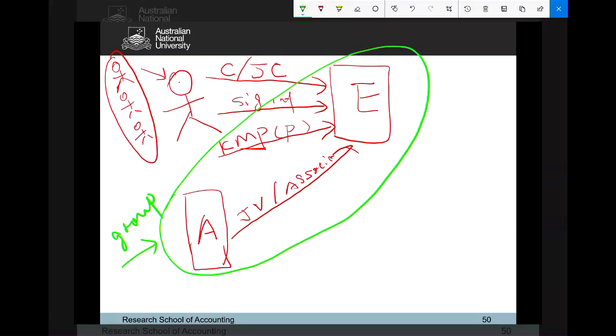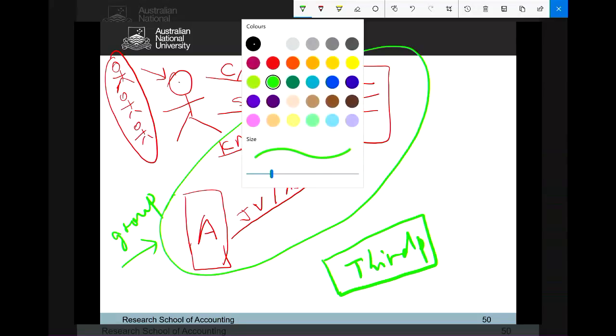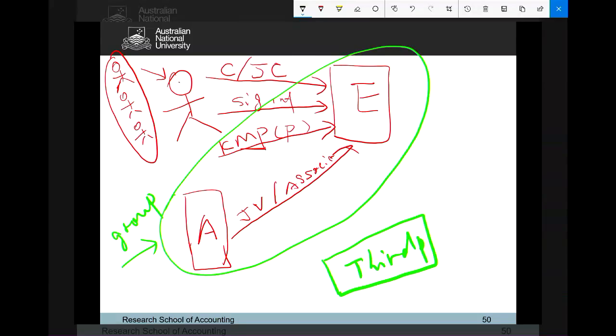All right. Or they can be connected from a third party. So here is a third party, another company maybe. So how can they become connected? This third party may have joint venture for both of them. So A and E are both the joint ventures of the third party. So basically this third party has influence on them, right?